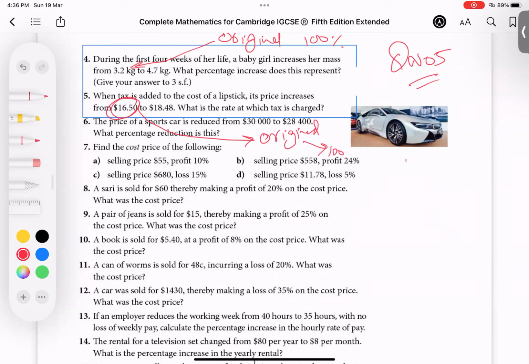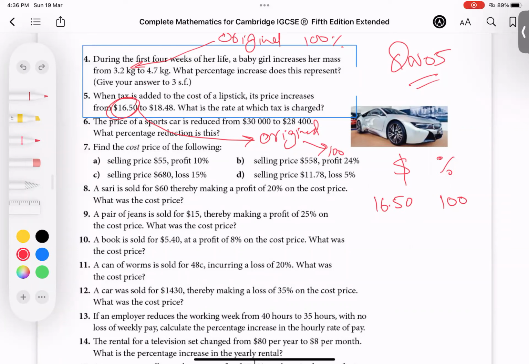So write two titles. Title number 1 is dollars. Title number 2 is percentage. The original is given, so I'm writing 100 here, and the original is $16.50. He's asking how much is charged, and charge stands for increase. How to find the increase is so simple: I will find the difference of both values.